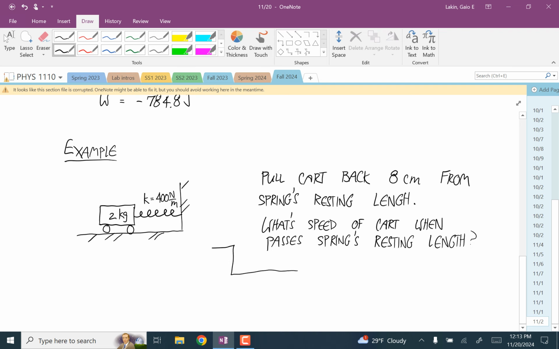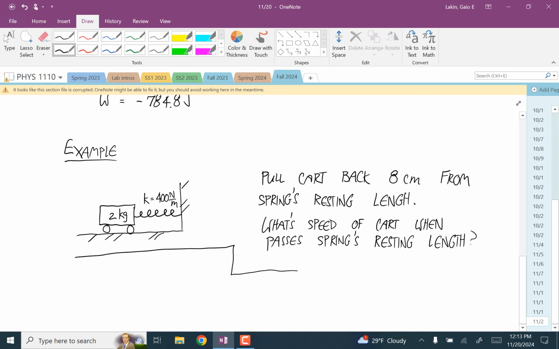Okay, so again, let's think about how suitable conservation of mechanical energy is for this. This problem is asking for a relationship between a location and a speed. So that makes this seem promising.